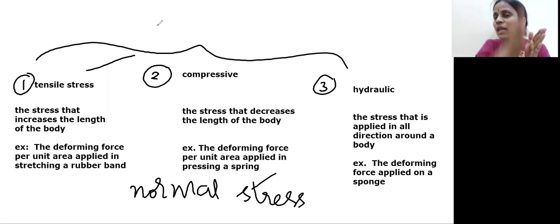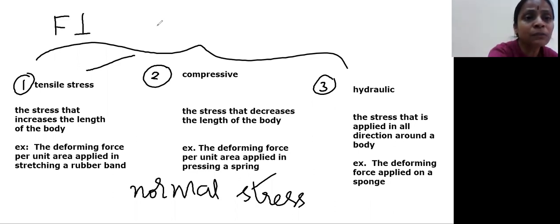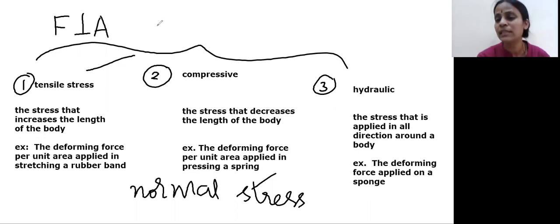If you take the area of cross section, that's a circle, right? And when I pull it, when I stretch it, the direction of application of your force is perpendicular to the circular face. Yes or no, children? So that is what we call a normal stress, whether it is tensile, compressive or hydraulic. The force that you apply is perpendicular to the area of cross section. F is perpendicular to A in these cases.